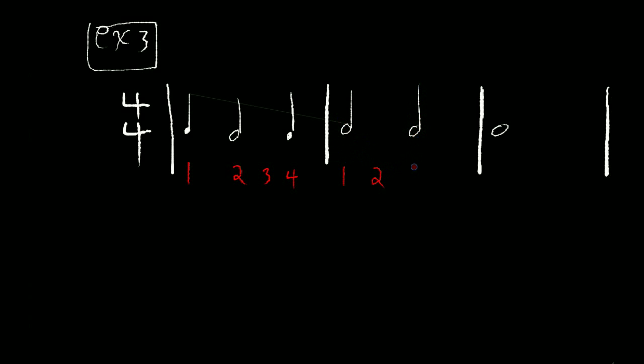So we attack this half note on beat 3, hold it through beat 4. Okay? And then finally we've got our whole note right here. We attack on beat 1, then we hold through 2, through 3, and through 4. And there we have our beats.